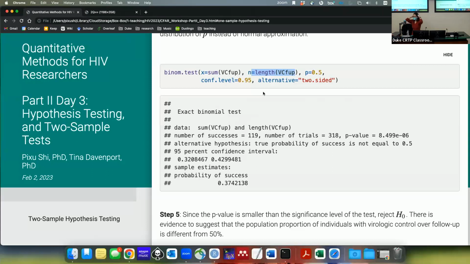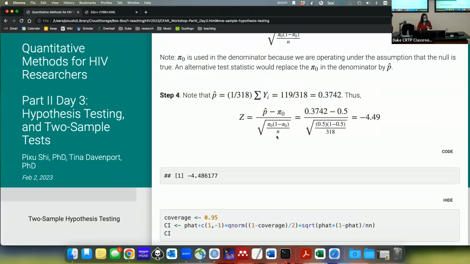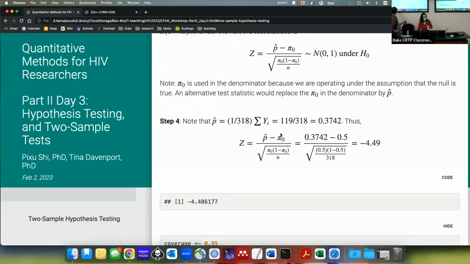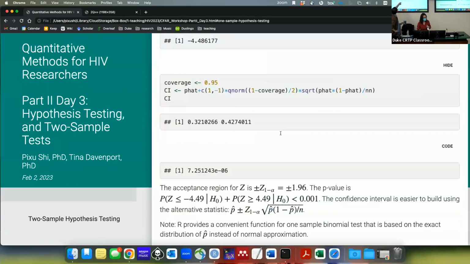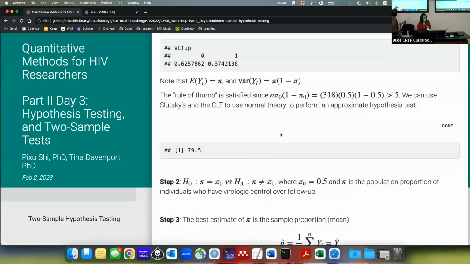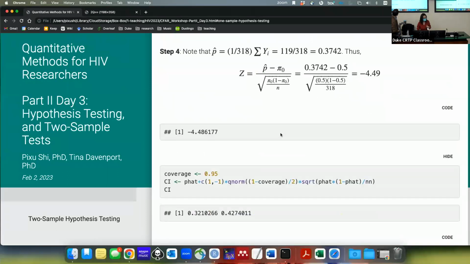But for the proportion test, I think what you're mentioning is this one. If you scroll up a little bit, no, I was just saying that for that p hat to correspond to the test, it has to be 0.5.